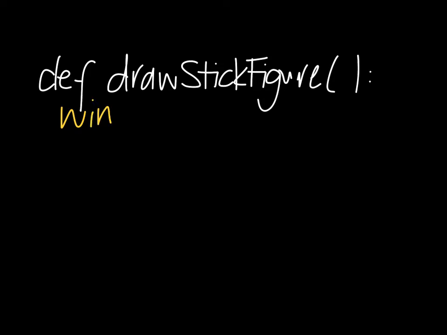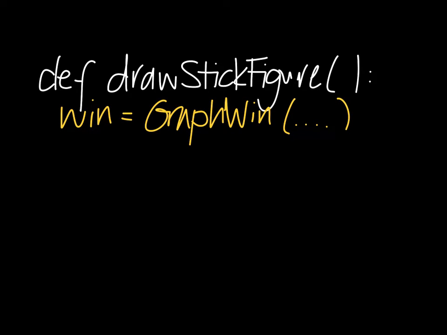So the code looked a bit like this. You had the def, and then you had a piece of code called draw stick figure. Bracket, you didn't give it anything. Then inside here you would do things like this. You would have a window using GraphWin, capital W, and a whole bunch of stuff you drop in there, the size of the window and so on.